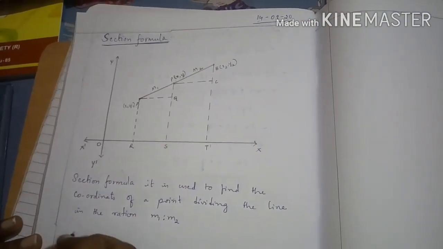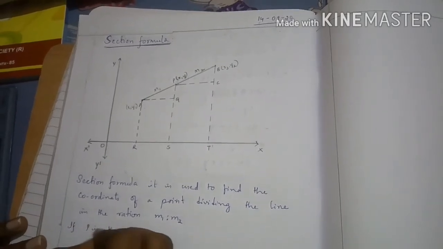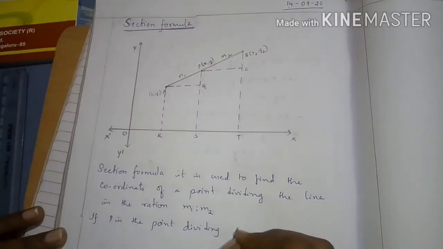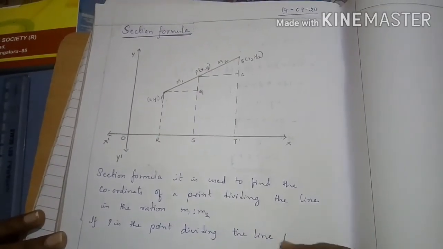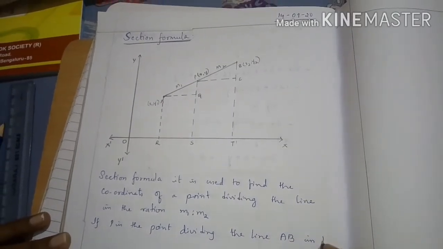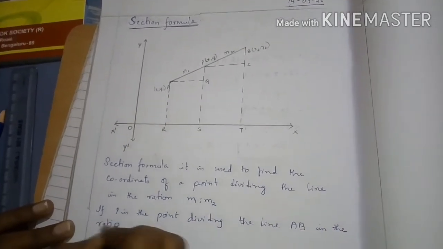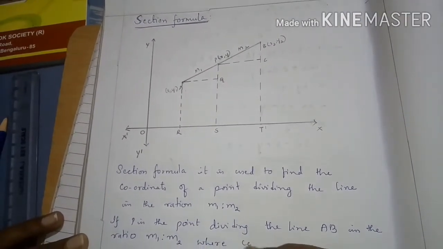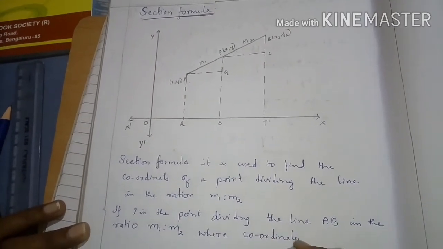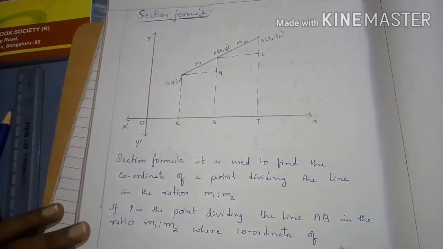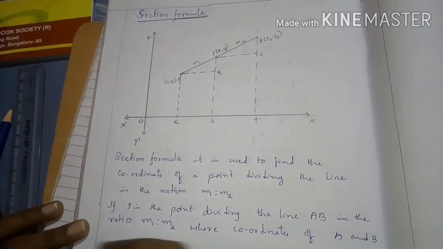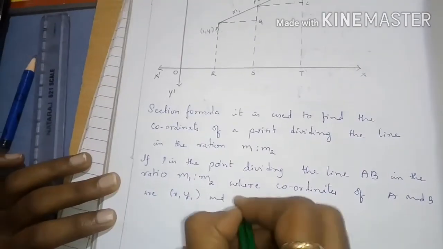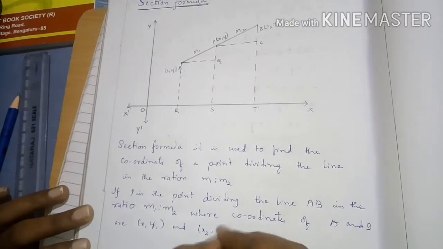If P is a point dividing the line AB in the ratio m1 is to m2, where the coordinates of A and B are x1, y1 and x2, y2.